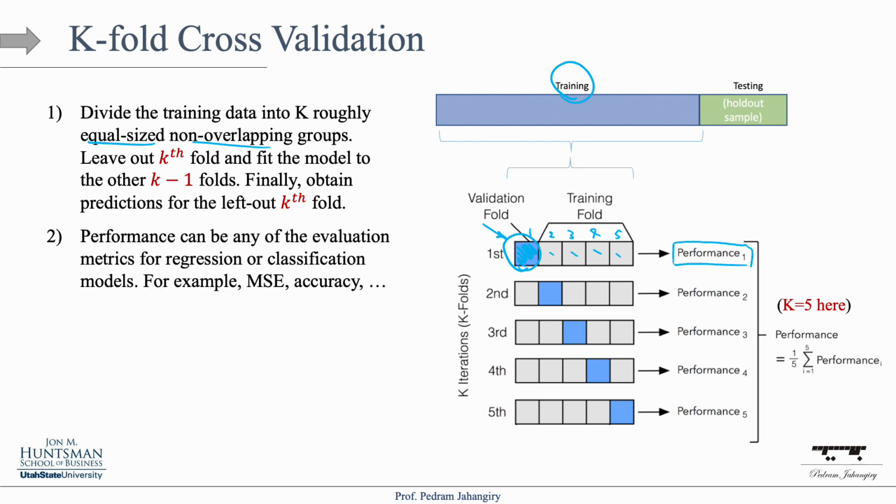Okay. Then the performance can be anything, right? If it is regression, for example, it can be MSE, RMSE. If it is classification, it can be accuracy, F1 score, the precision, recall, and you name it. And we're going to repeat this process k times over k iterations, right?